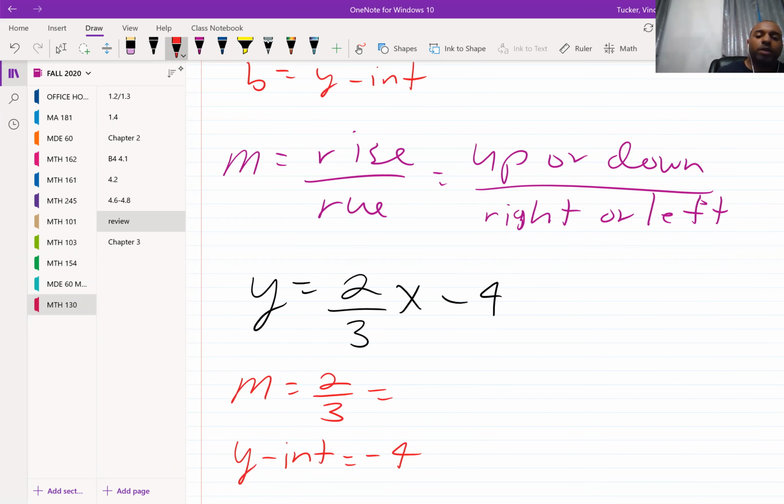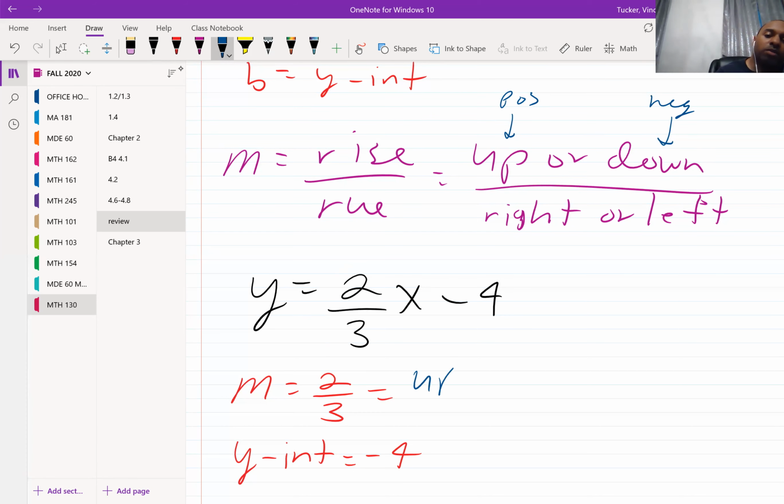Both of the slope numbers are positive. These are my positive moves, up and right. These are my negative moves, down and left. Just like when we're looking at our graphing, on the horizontal and vertical axes, up is positive, down is negative, right is positive, left is negative. So same thing here. I have +2 over +3.